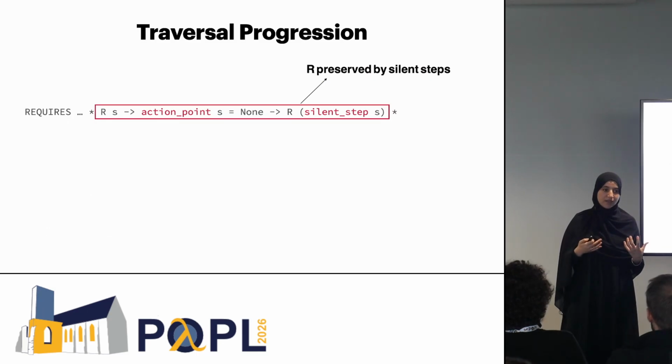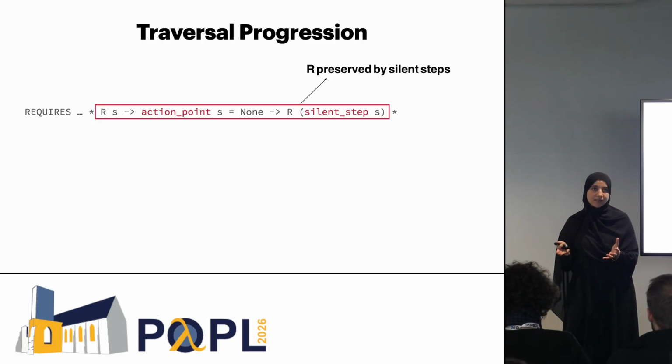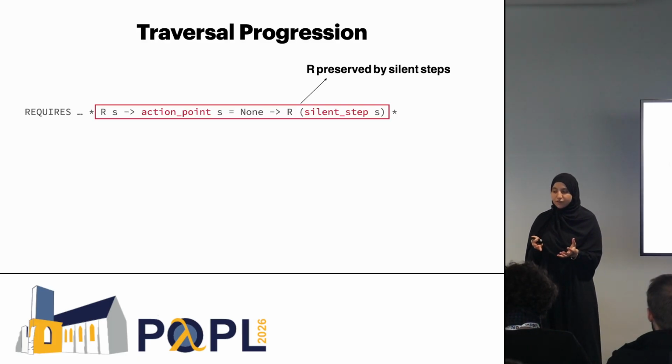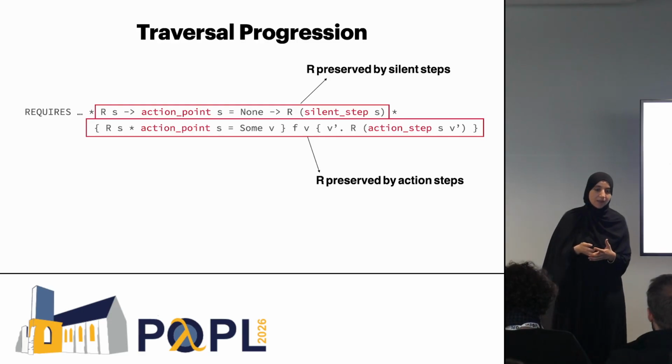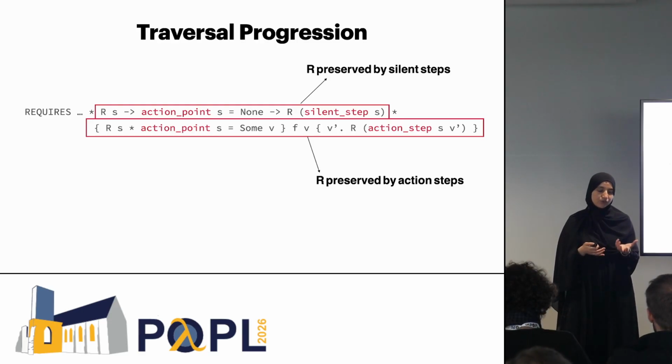And we specify that the invariant is preserved across the traversal by saying that R is preserved by silent steps, which boils down to specifying that if the invariant holds on some state S, and S is not a state where the action F or the closure F is about to be applied, then R should hold on the state after making a single silent step on the traversal state S. And we specify that R is preserved by action steps by requiring that the action or the closure F satisfies the following specification.